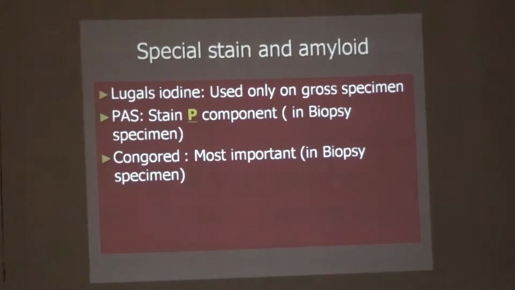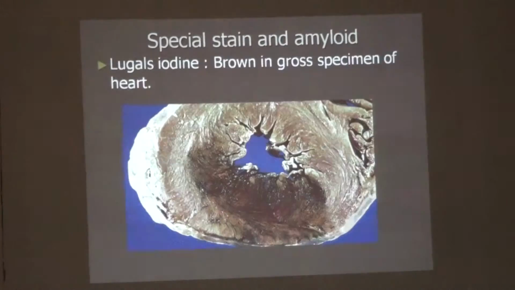Then special stain, that is what we do in the biopsy. Congo red is the important one. Congo red staining is the diagnosis of amyloidosis. In our case, we sent the biopsy to Manipal Hospital, Bangalore. They give the biopsy reports with the study.